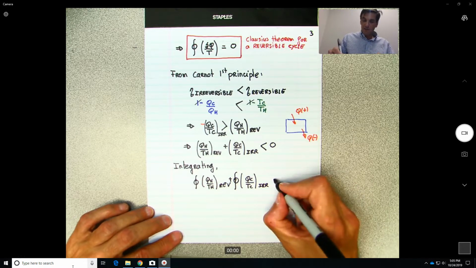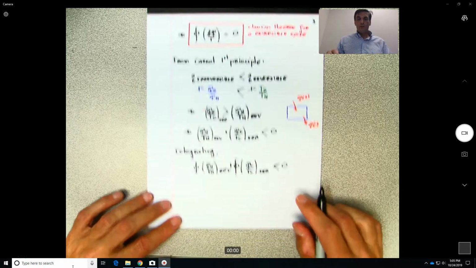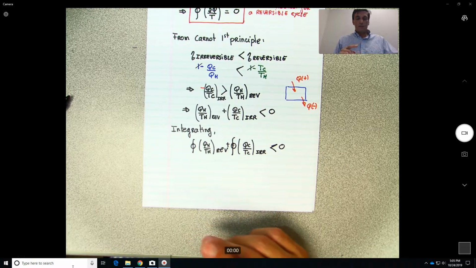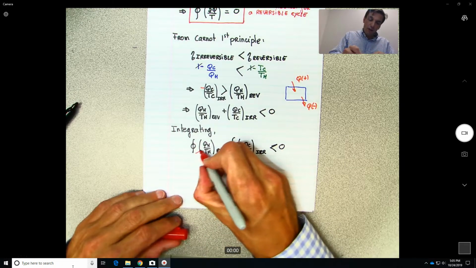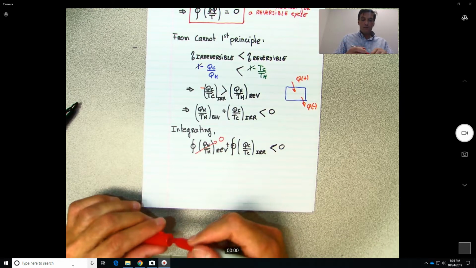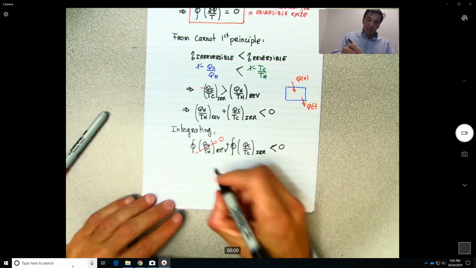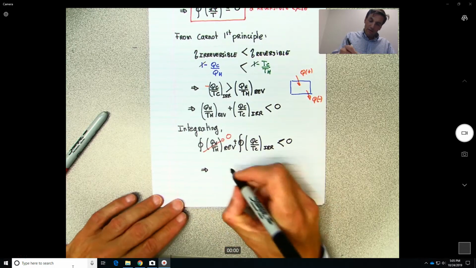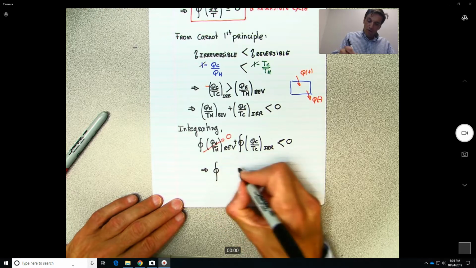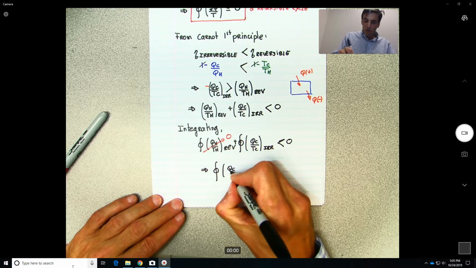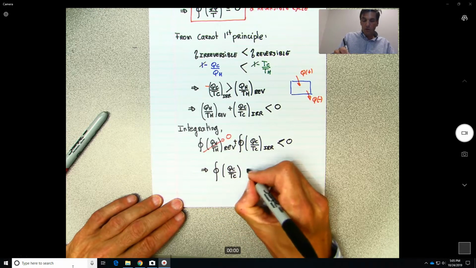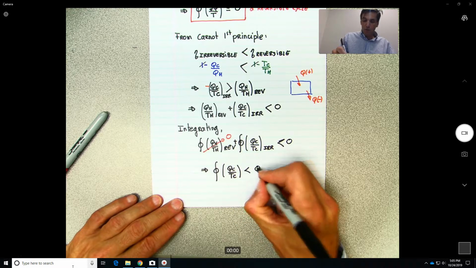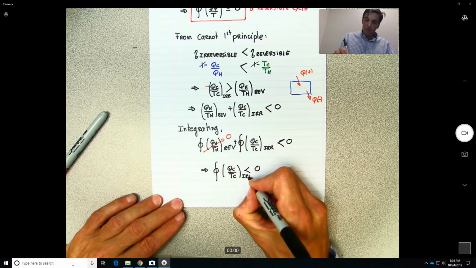So we have this, should be lower than 0. But if the system is reversible, we just saw that this over here should be equal to 0. So that means at the end that the integral of Q cold over T cold must be lower than 0 for an irreversible cycle.